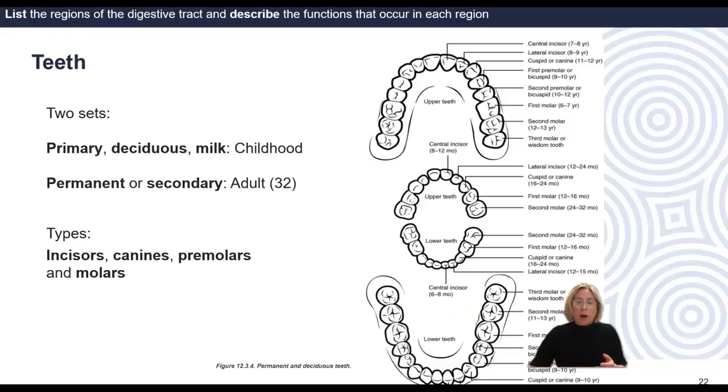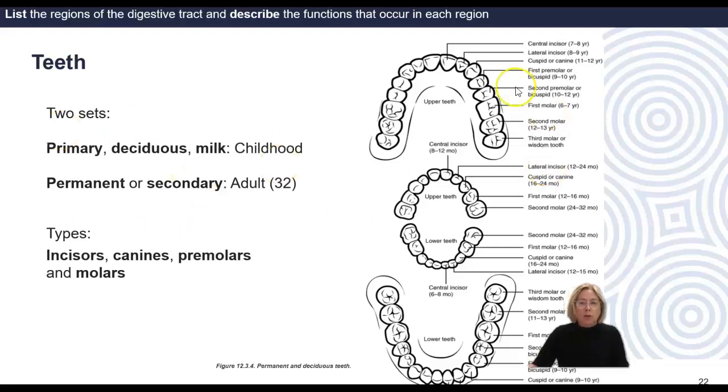Now the teeth on the right and left halves of each dental arch roughly mirror images of each other. And so that divides all our teeth into 4 quadrants. So we have right and left upper and right and left lower.